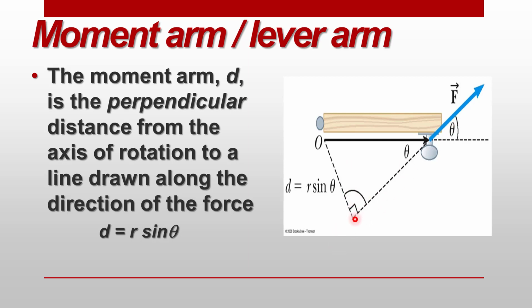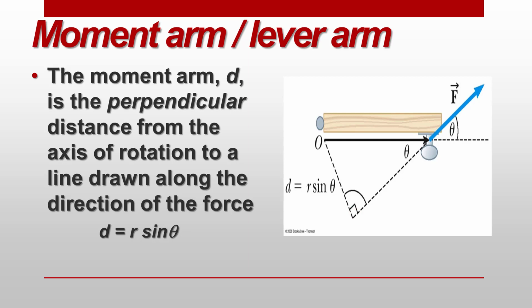So moment arm is simply the perpendicular distance between the axis of rotation and the line of action of force, nothing else. It should make an angle of 90 degrees. We have to drop a perpendicular from the line of action of force to the axis of rotation. So moment arm is defined as the perpendicular distance from the axis of rotation to the line drawn along the direction of force. D is equal to R sine theta.